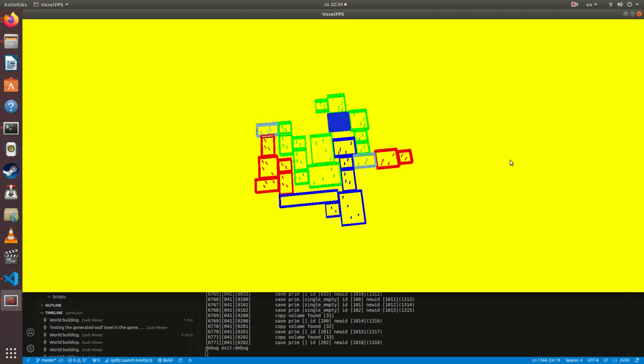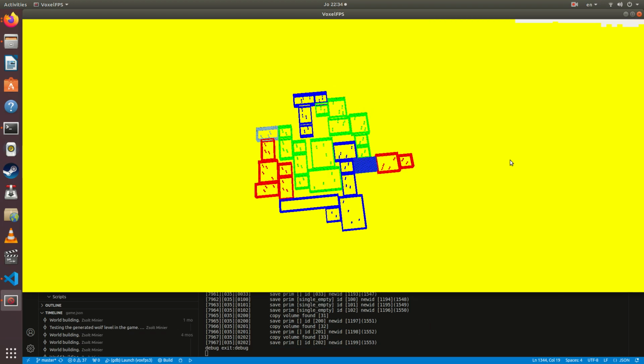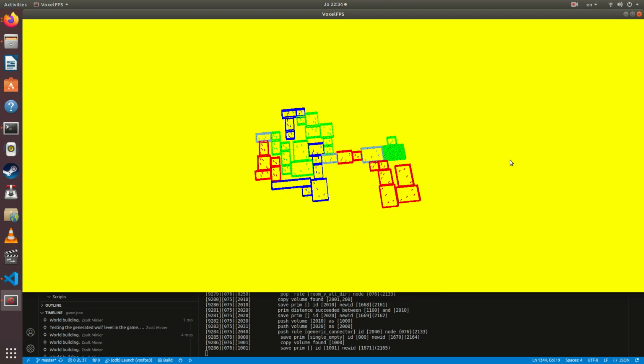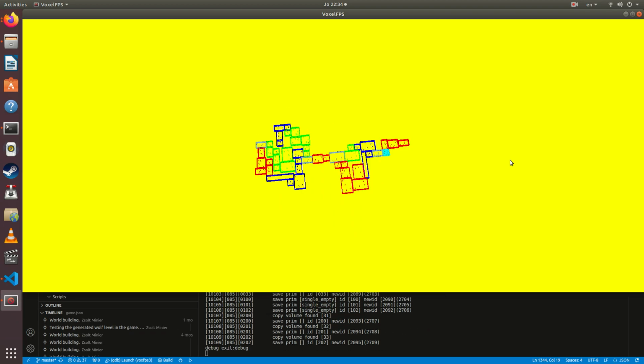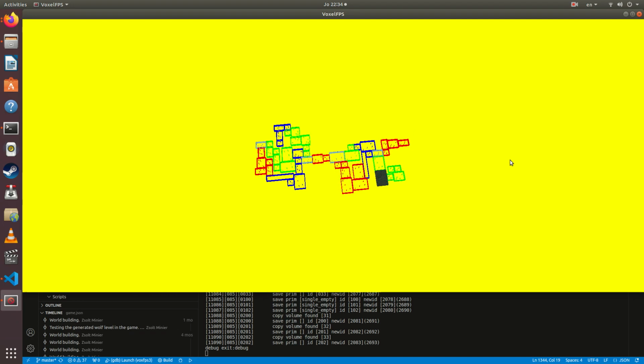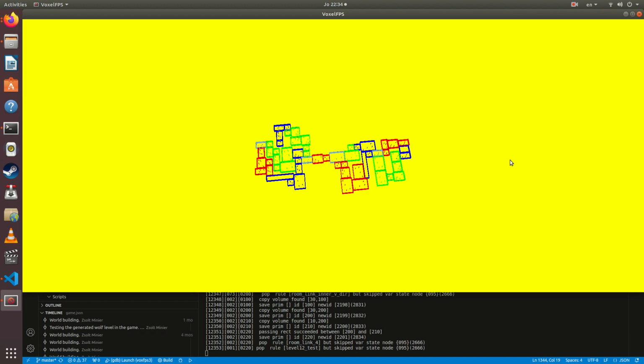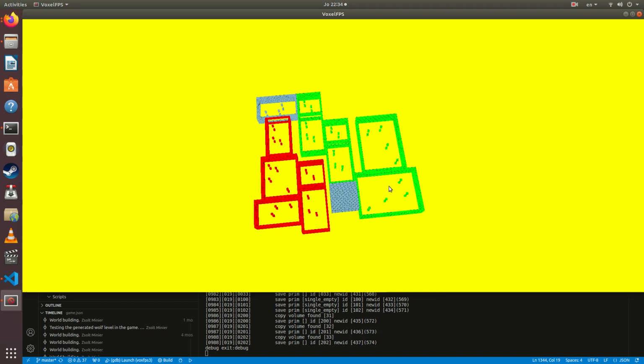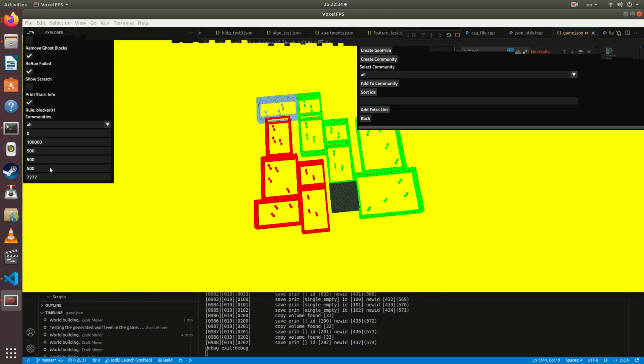Sometimes I still don't understand why it does it, but you can see how it evolves the level by concatenating these areas next to each other. I can see that it really has a bad time connecting those two parts together. I don't understand why, but more things to check.